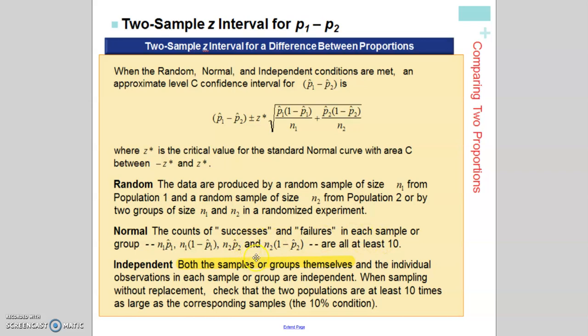For independence, there are a few extra things to do, because the groups themselves have to be independent from each other, and the individual observations within each group have to be independent. Like school 1 and school 2 have to be independent of each other, and also individual students at school 1 have to be independent of each other as well.